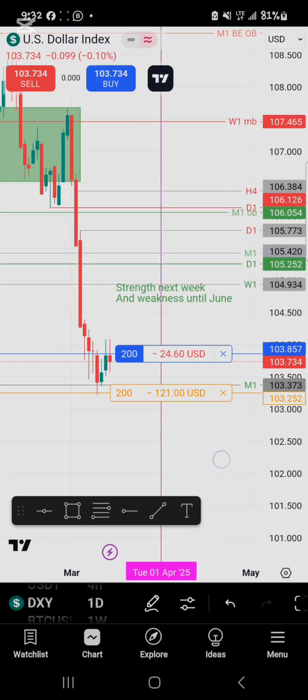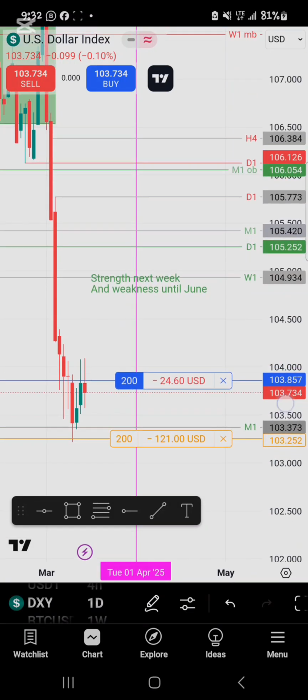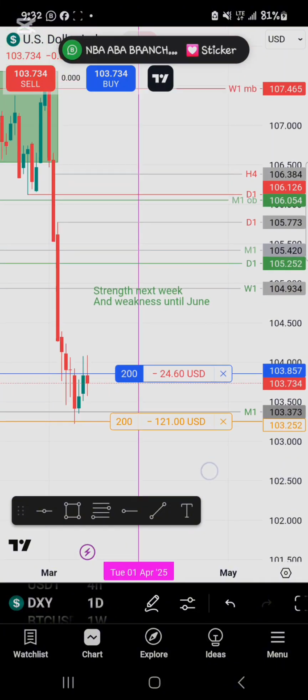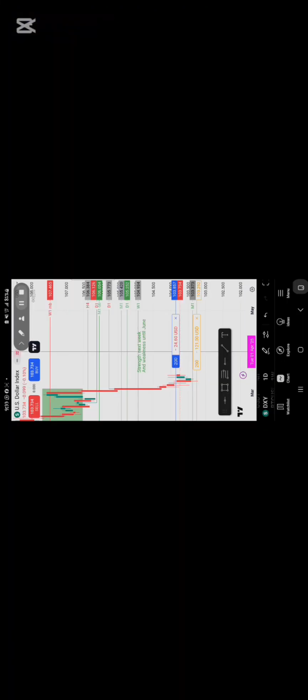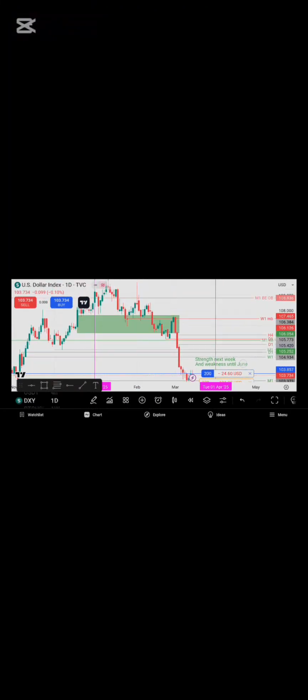And the dollar, last week we were talking about seeing higher prices to recover, so that we can cover some of this bearish movement so that we can retrace a little more.